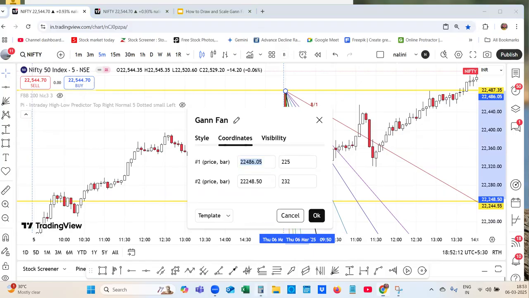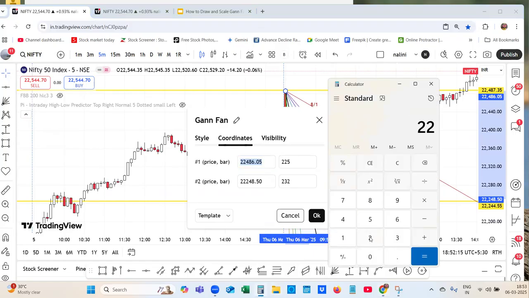We are feeding into the calculator 22,486, square rooting it, and multiplying by the difference of the coordinates time-wise. The coordinates are the number of bars. If I multiply it by 7, I'm getting a value, and finding the percentage.